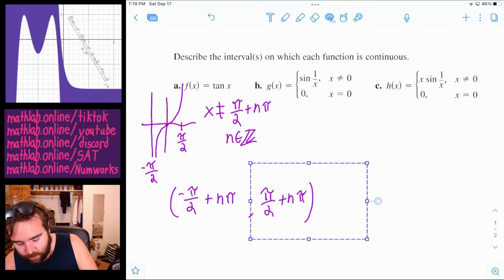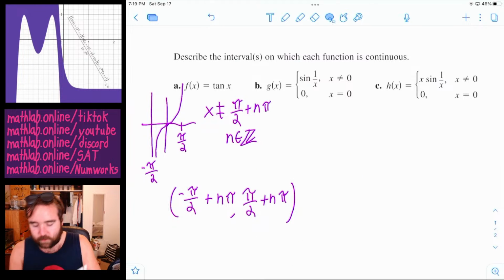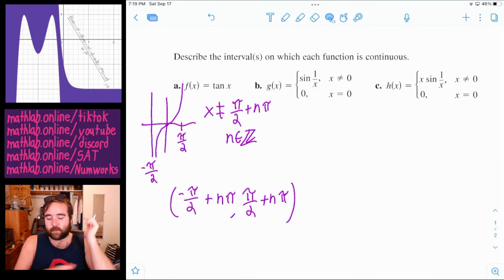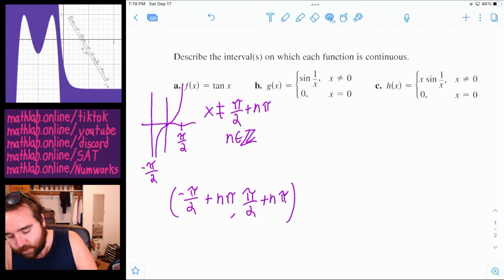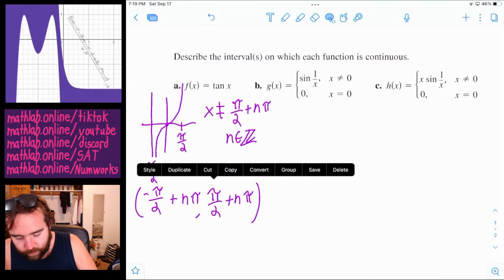That's a good way to write it, right? So when n is 0, it's from negative pi over 2 to pi over 2. When n is 1, it's from pi over 2 to 3 pi over 2. So yeah, that'll cut it. You got parentheses because it's asymptotes. That's a good way to write where that is continuous.